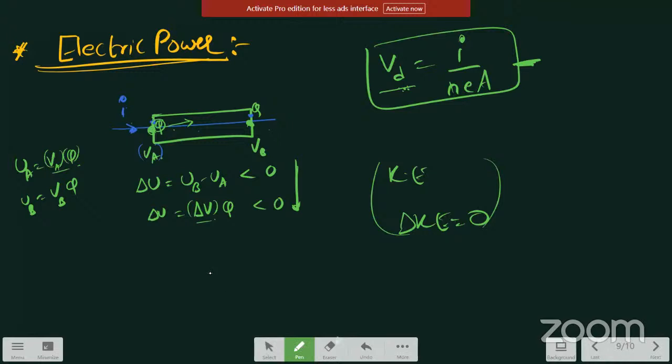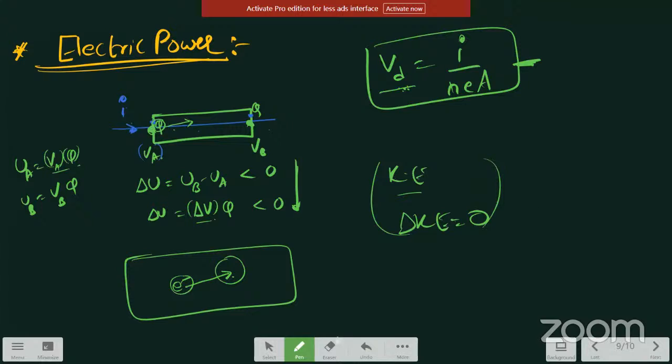So we know that in a conductor, electrons collide with the atoms, ions. During this collision, the charge particles, which are the electrons, are supposed to increase their kinetic energy. But no, they are not doing that.